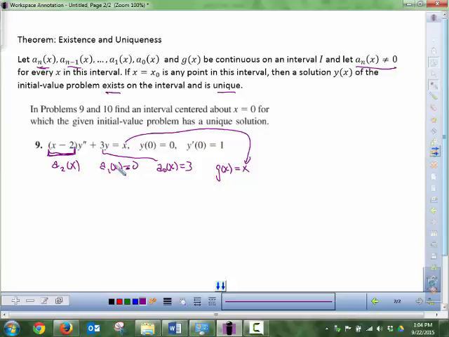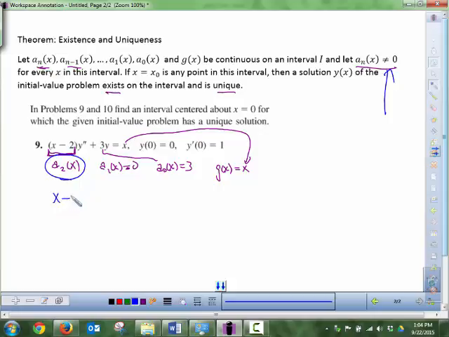So again, none of these other ones are as important as this first one. When that's equal to 0 is what we should be concerned about.